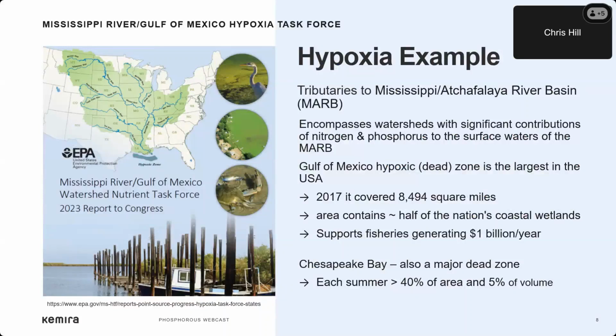There are a lot of US government, state and local government, and non-government contributors to the MARB Hypoxia Task Force. MARB stands for the Mississippi Atchafalaya River Basin area. Shown on the left is a report to Congress from the task force assigned to MARB.